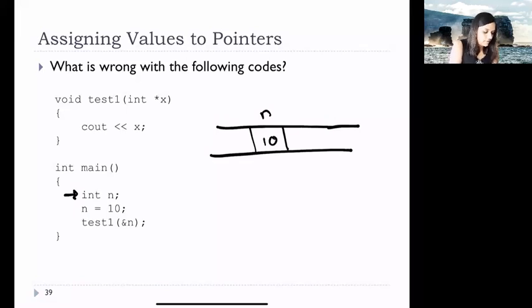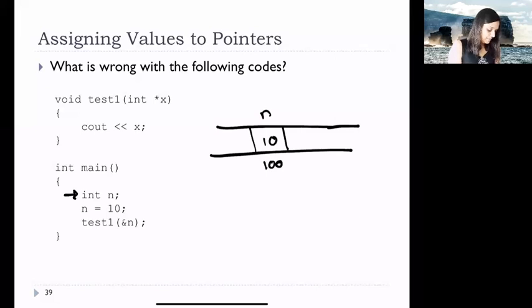Depending on your system, this can be allocated at some different address, and then we are passing the address of n to test1.